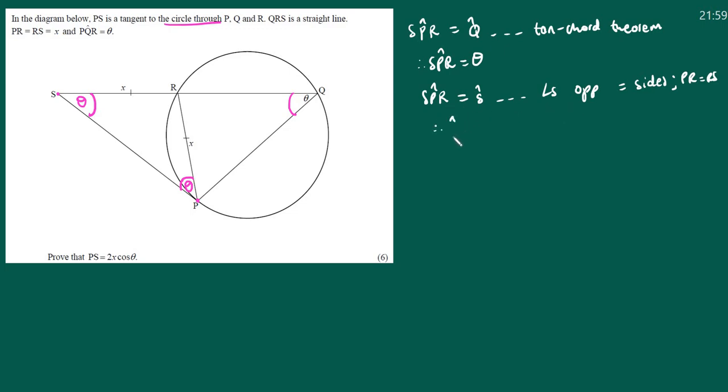So that means angle S should also be what? Theta. Then what will be angle SRP? So SRP will be 180 degrees minus 2 theta due to the sum of angles in a triangle.